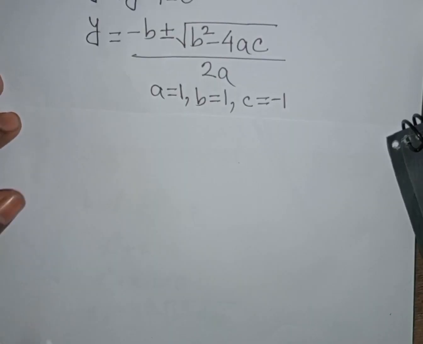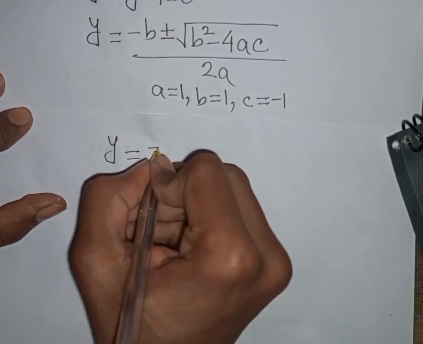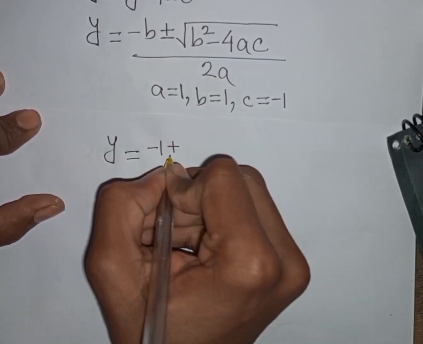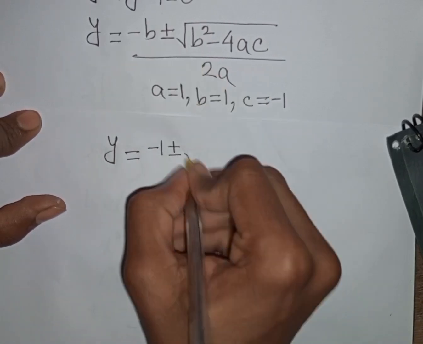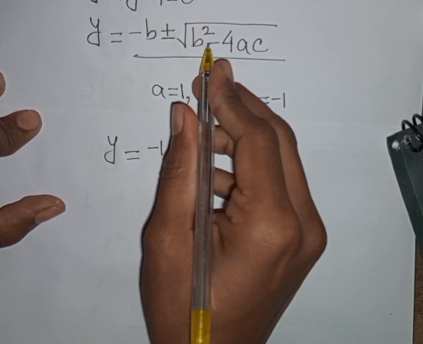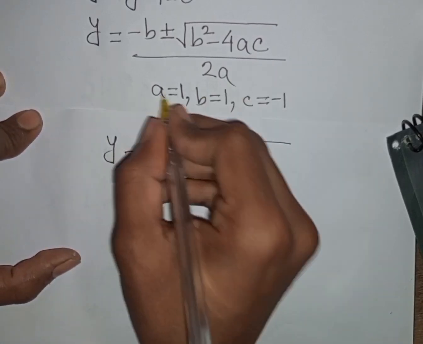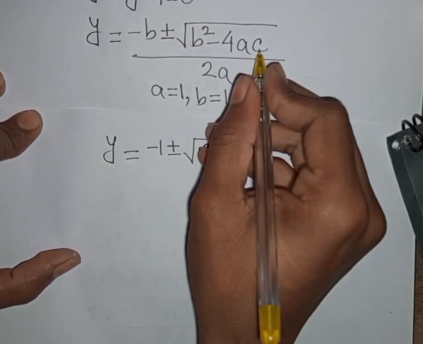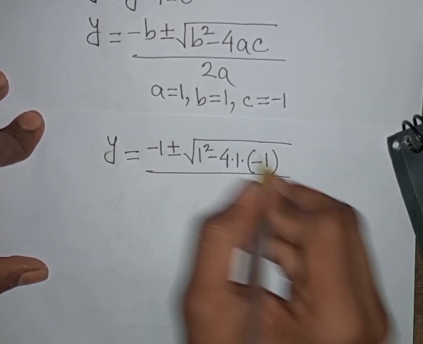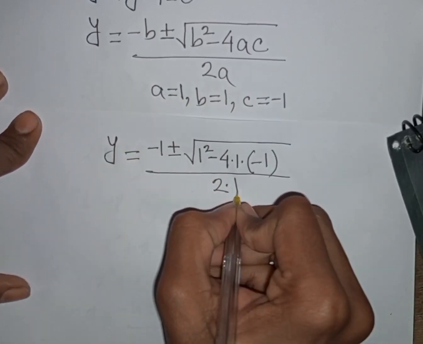Now we can write y will be equal to minus b, that means 1, plus or minus square root of b square, that means 1 square minus 4 times a, that means 1, times c, that means negative 1, divided by 2 times a, that means 1.